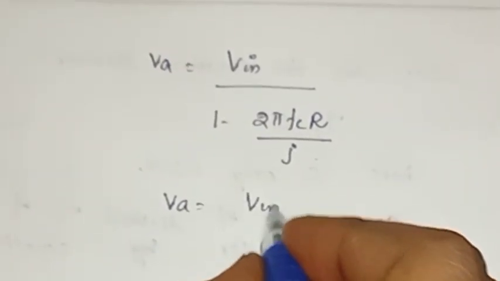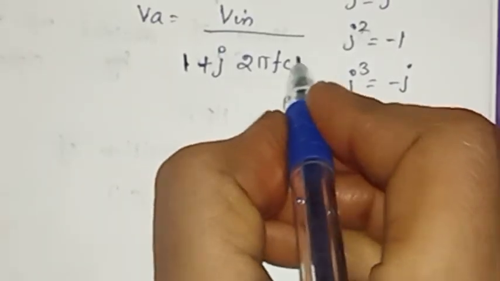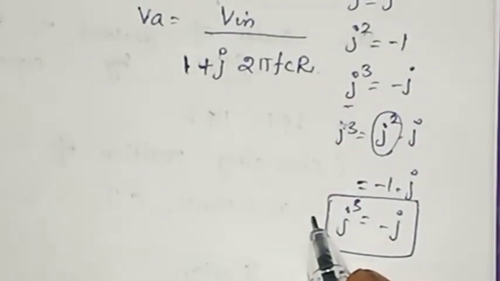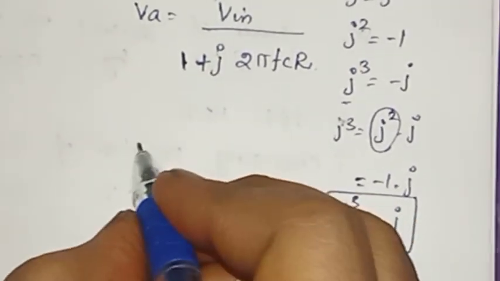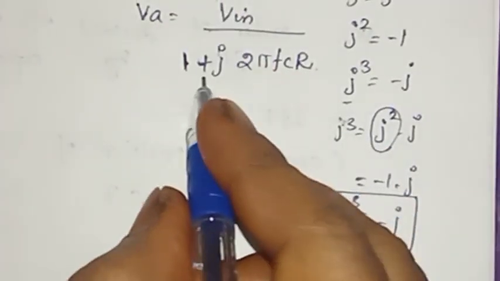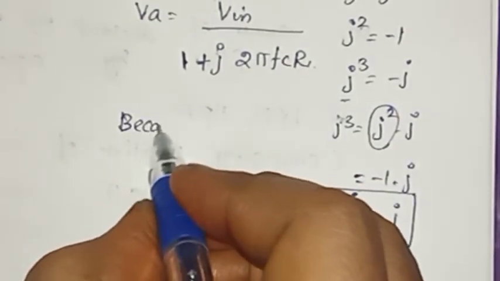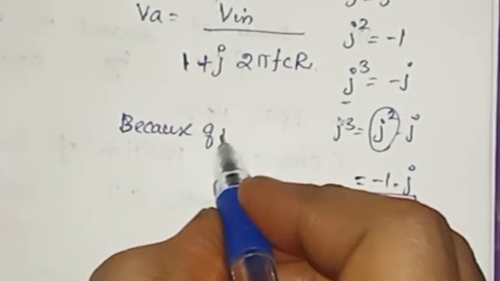VA is equal to V in divided by 1 plus j 2 pi FC R. In simple terms, minus j in the denominator goes as plus in the numerator.